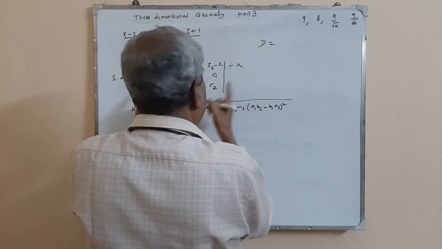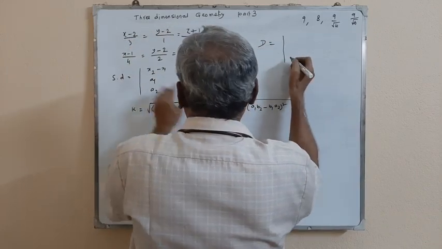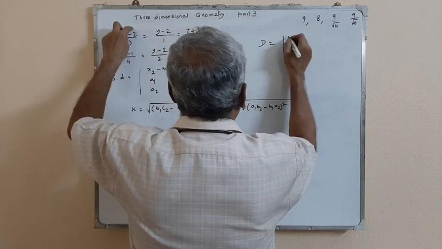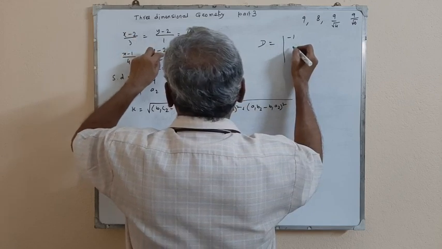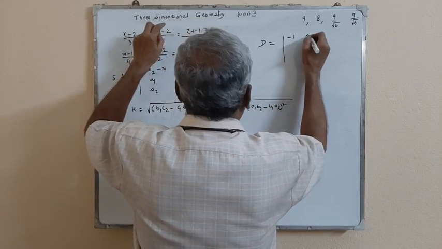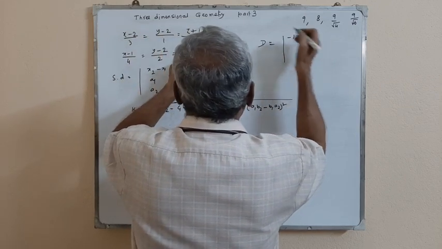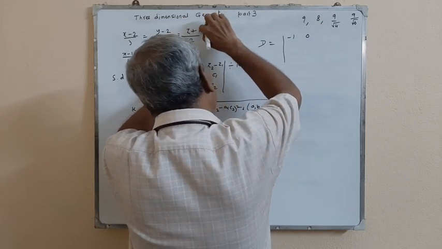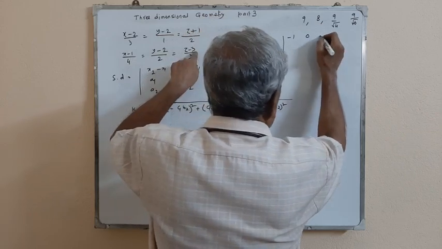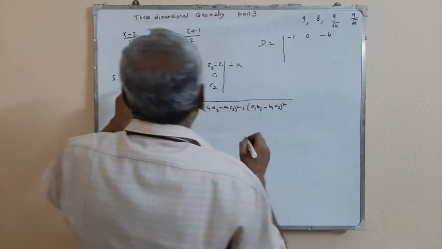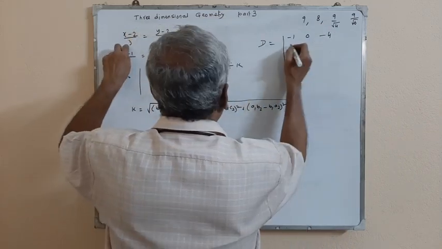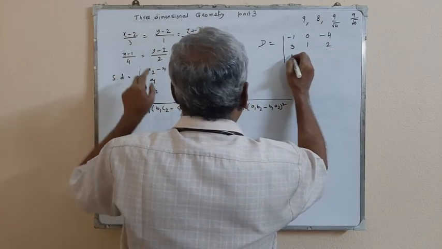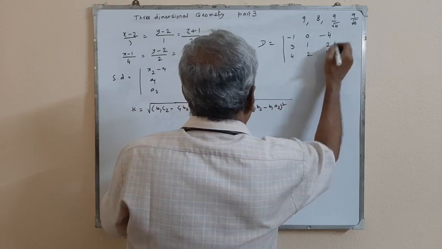first I calculate this determinant, it is equal to x2 minus x1. This is x2, this is x1, minus 1. Minus 2, it is 0. This is this minus, it passes through 3, and it is passing through minus 1. So minus 4. And a1, 3, 1, 2, 4, 2, 1.